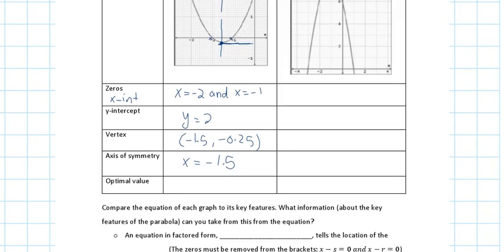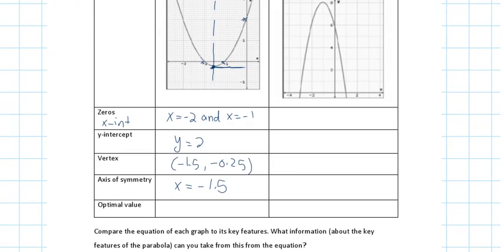If you look at the vertex, the y value of the vertex is your optimal value. So it's y equals -0.25. Is that max or min? It's a min. Are we okay with this?